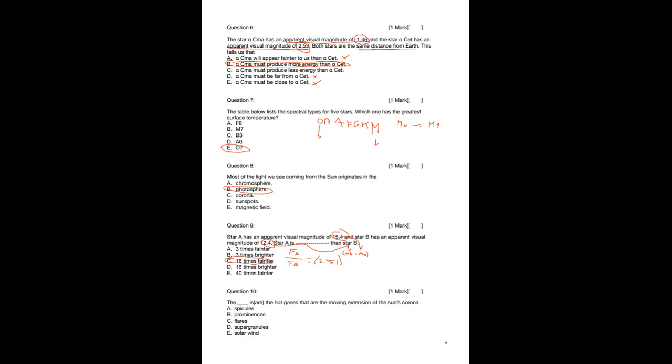So why is it fainter? Remember, we're working with apparent visual magnitudes. Remember, 15 is bigger than 12. And the smaller the number, the brighter it is. So that means star A has a bigger number than 12, so star A is fainter than star B. Does that answer your question?